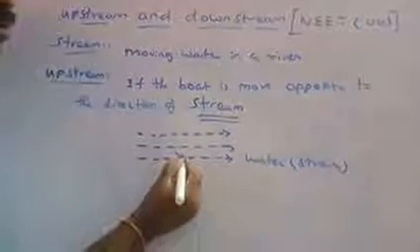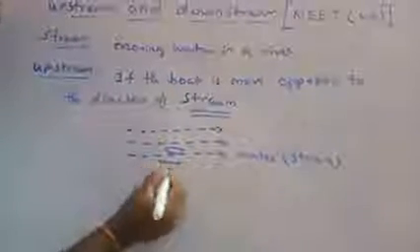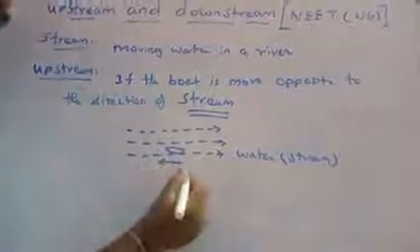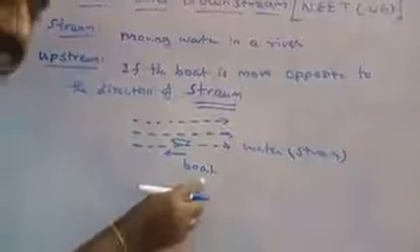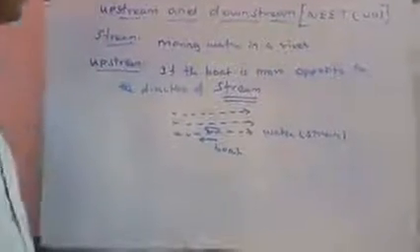If the boat or any object moves in the direction opposite to that of the stream, we call it upstream. So upstream is nothing but the movement of the boat opposite to the direction of the stream.